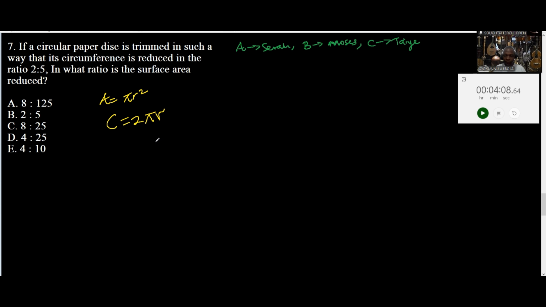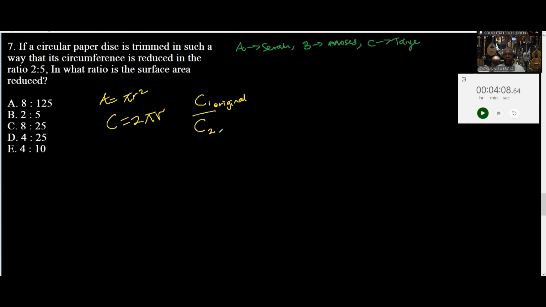Now, comparing circumference 1 to circumference 2, the original to the reduced one, please listen.